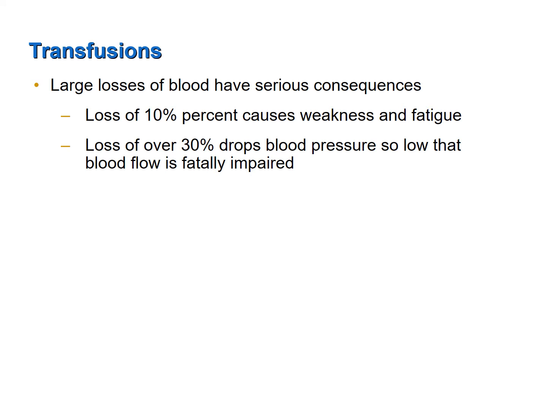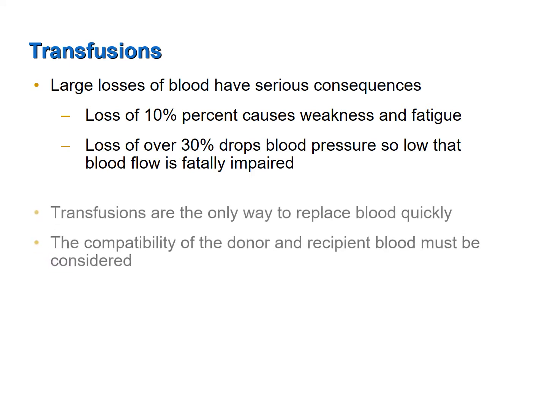However, a large loss, over 30% loss of blood volume, will drop blood pressure to such a low level that the cardiovascular system is unable to maintain blood flow to all necessary tissues and organs of the body, and death is imminent.